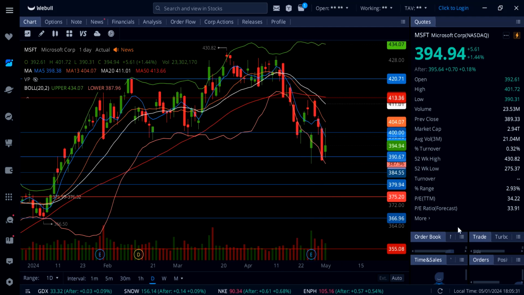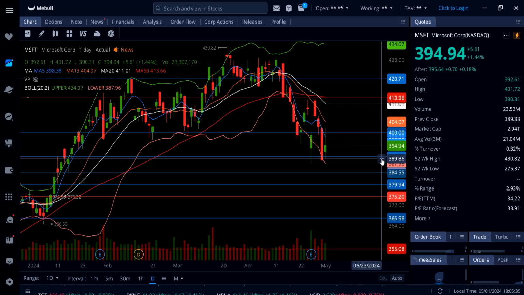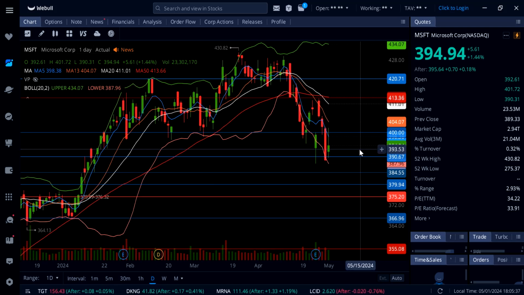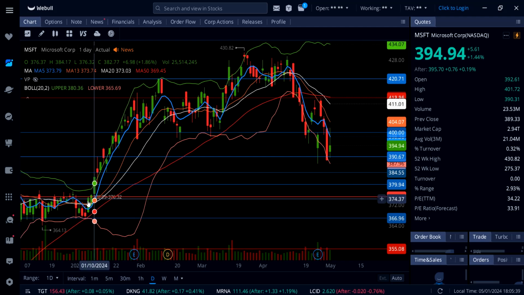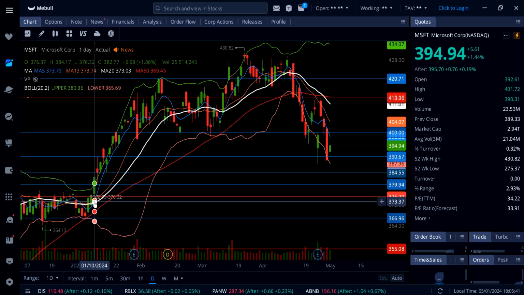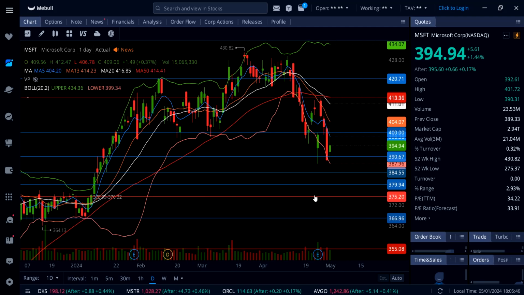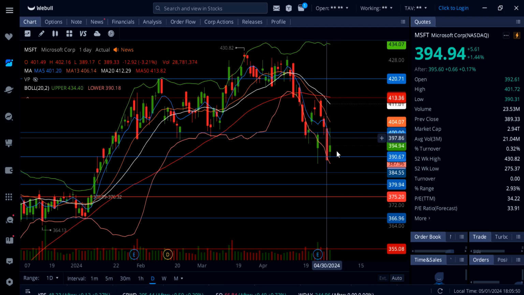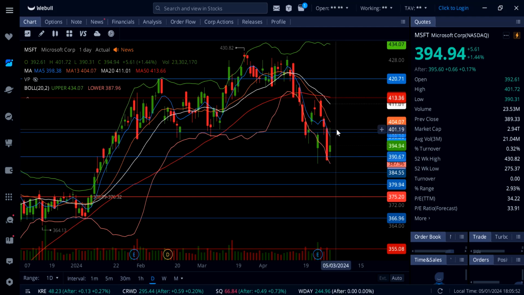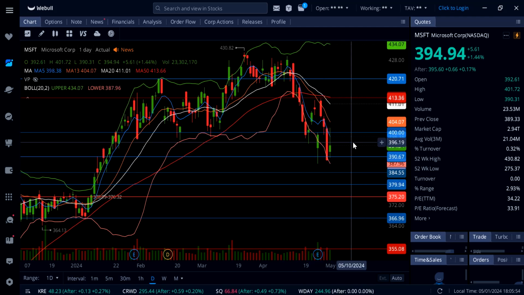And now if this thing breaks under 390, you're going to see a lot more downside, and at some point you're going to see Microsoft coming down and closing this gap right here at 376. So watch out and be careful trading and buying the dips right here on Microsoft, because this thing can come down even more unless it breaks and holds at least 400 going into the next few sessions.